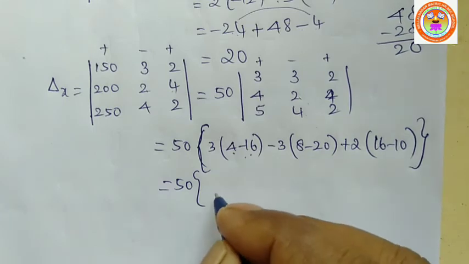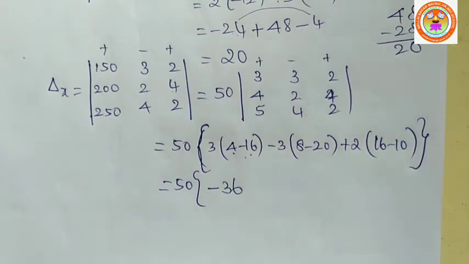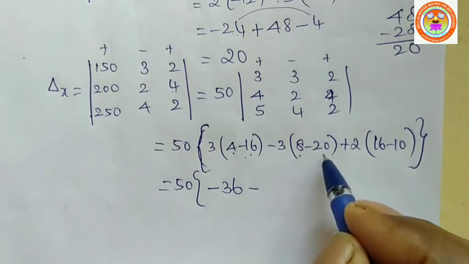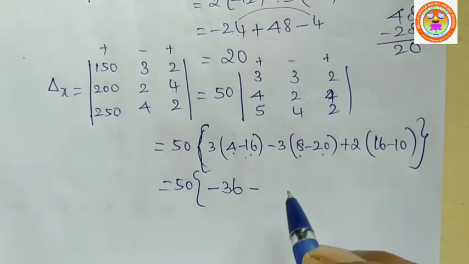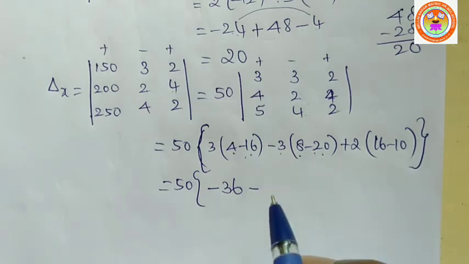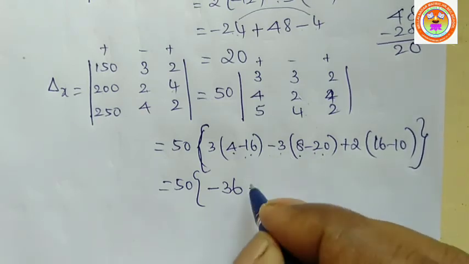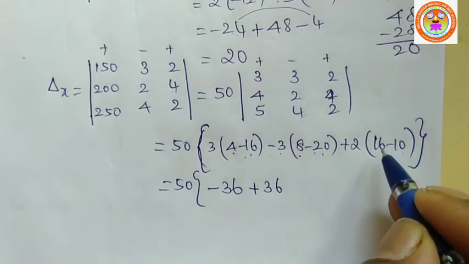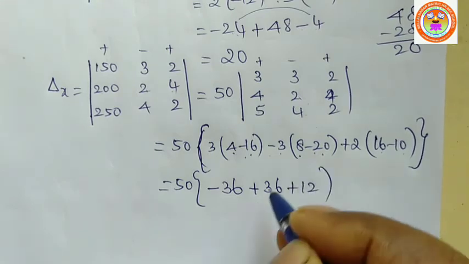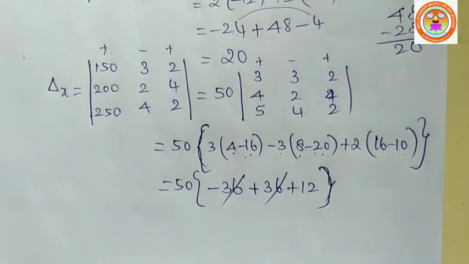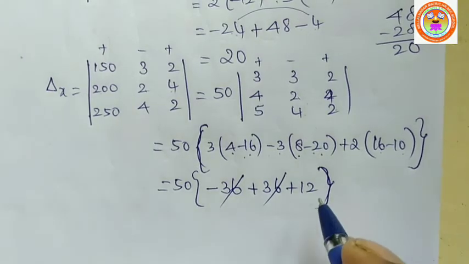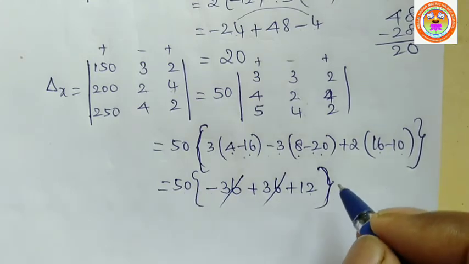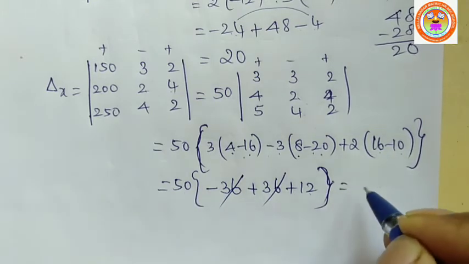Minus 12 times 3 is minus 36. Minus, see, 8 minus 20, that is minus 12. Minus 12 times 3, 36, minus times minus is plus 36. Here 16 minus 10, that is 6. 6 times 2 is 12. 36 cancels. So 12 times 50. 12 times 50, 12 5s are 60, so 600.